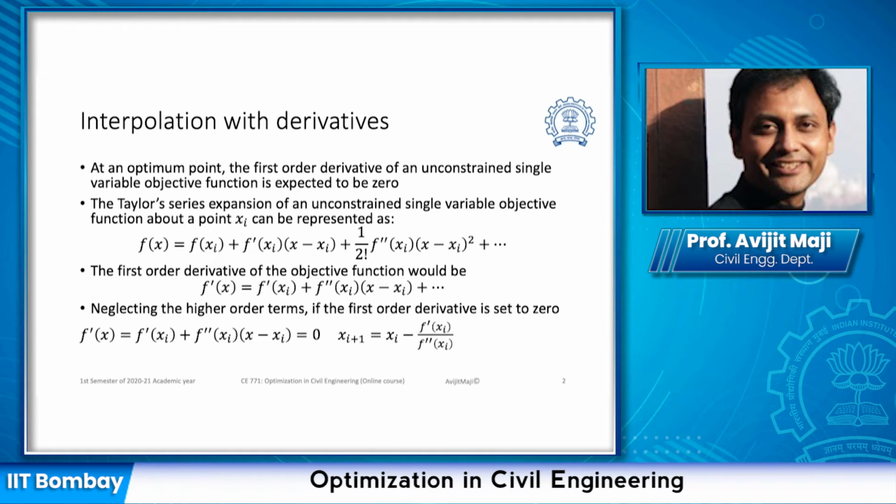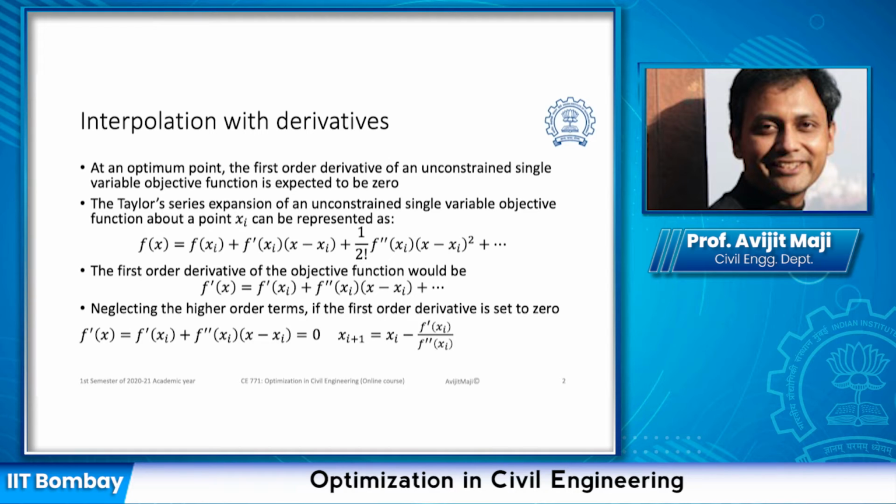With that understanding, today we are going to discuss three methods where we use the first order derivative and interpolate points between a given boundary in such a way that we reach very close to the optimum solution.